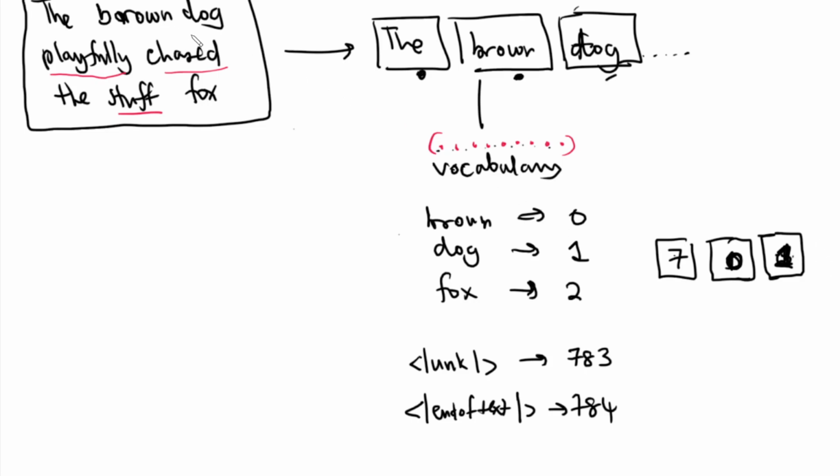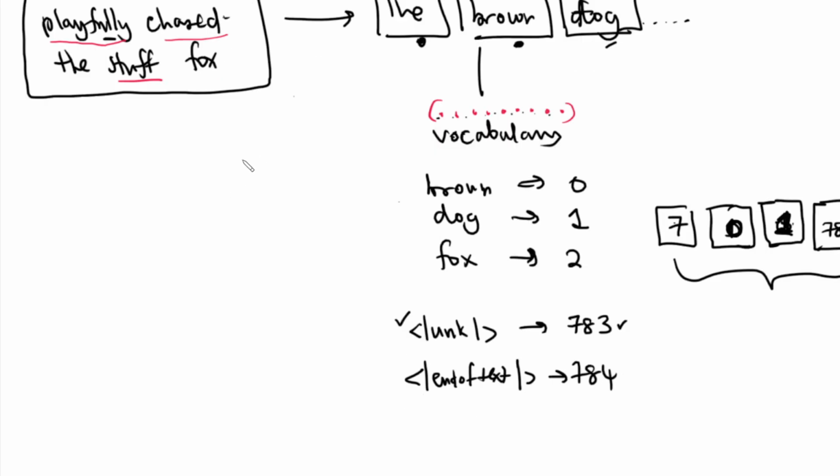And then now when it gets to playfully, it will say I cannot find this word playfully in my lookup, so I'm going to use the unknown, and it's going to use the ID 783. Chased, if it doesn't find chased, it will get 783 too. Now these become our token IDs. When the tokenizer encounters a word that is not in the vocabulary, it will just replace it with that unknown token.